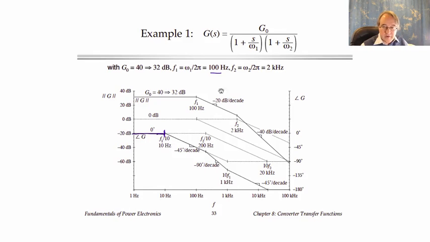Beyond that corner, this first term has an asymptote with a slope of minus 45 degrees per decade, and we continue at that slope until we get to the next break frequency, which is at 10 times our corner. 10 F1 is 1,000, so we're at 1,000 hertz, and at that point we flatten out and have a constant minus 90 degree asymptote.